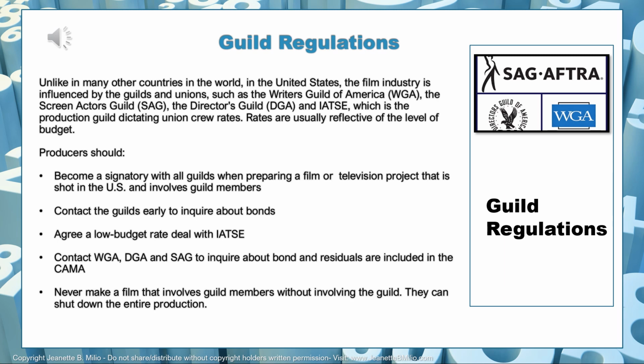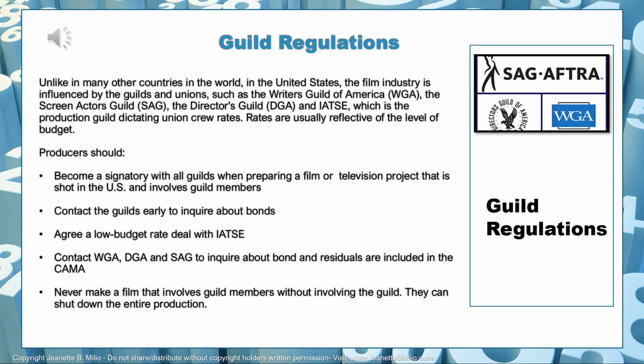And if you have a writer that is part of the Writers Guild of America, then the Writers Guild would be applicable as well. You don't have to have a Writers Guild writer, by the way. You could have just a great writer, but if the writer that you are using is WGA, then that guild would be involved.